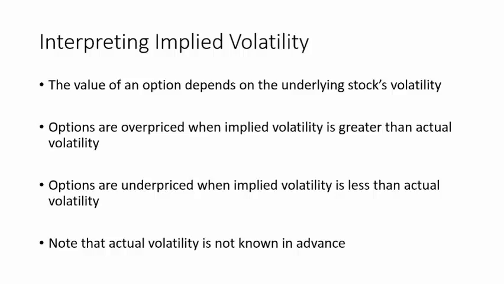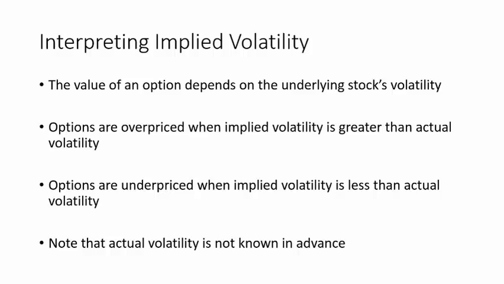So volatility is an input into the Black-Scholes formula, and based on that volatility, you get a different option price. The implied volatility of an option essentially is telling us if this were the true volatility, then that's what the option is worth.